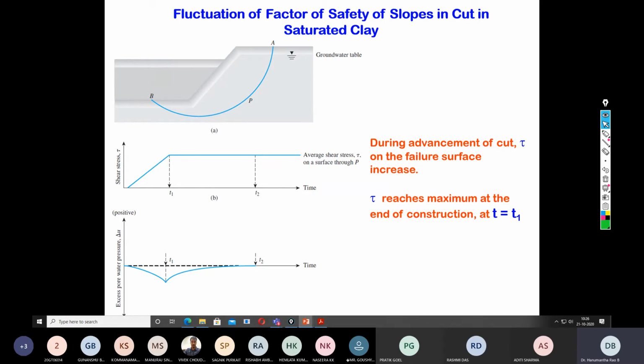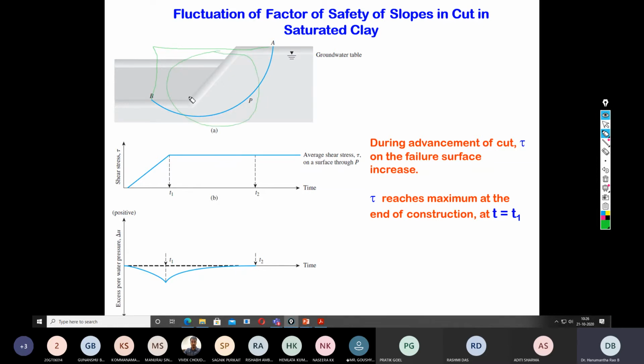Here also try to understand. When you are making a cut, it can be perfectly vertical with a slope of 90 degrees, or having any slope angle, maybe gentle or maybe steep. When the surface is horizontal, the kind of geotechnical condition that prevails is different.